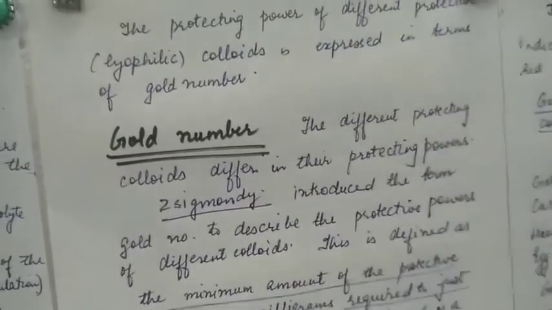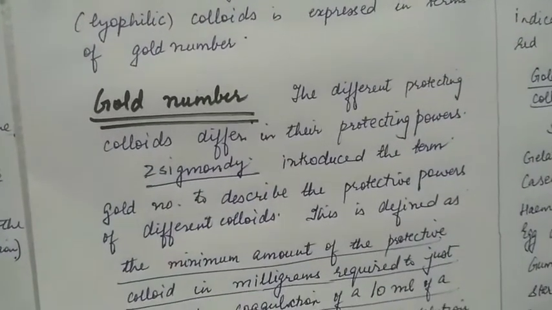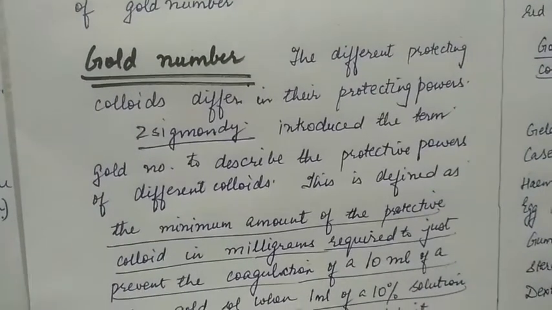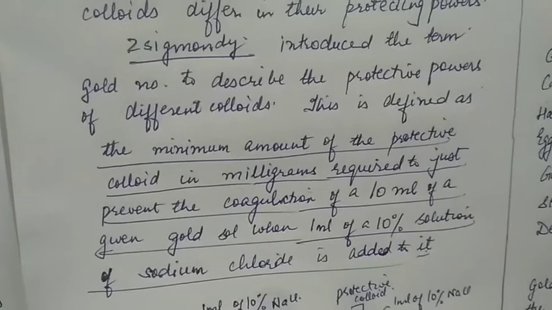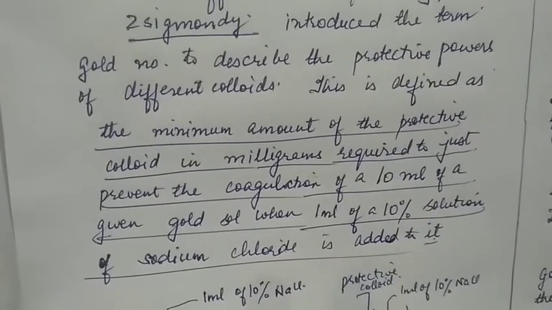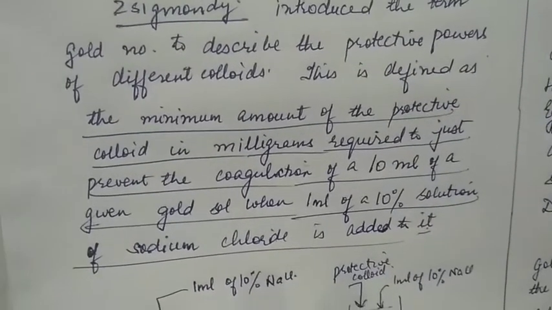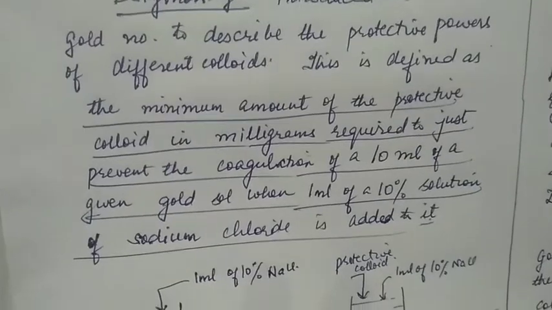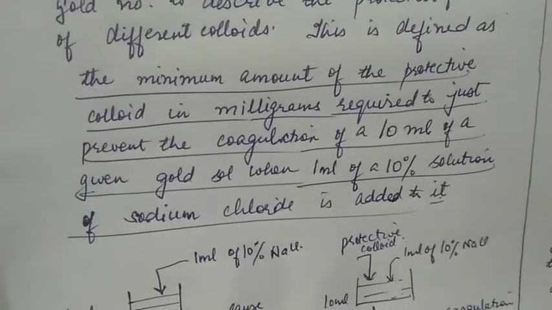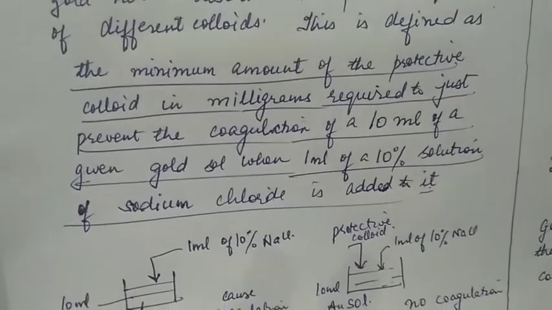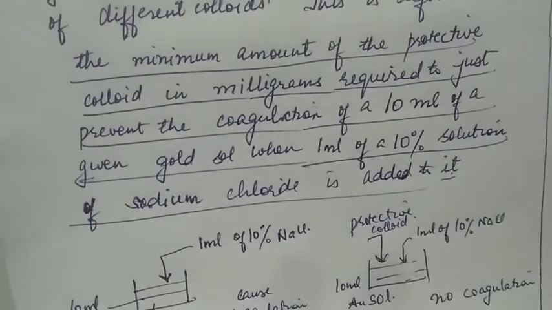He introduced the term gold number to describe the protecting power of different colloids. It is defined as the minimum amount of protective colloid in milligrams required to just prevent the coagulation of 10 milliliters of a given gold sol when 1 milliliter of 10% solution of sodium chloride is added to it.